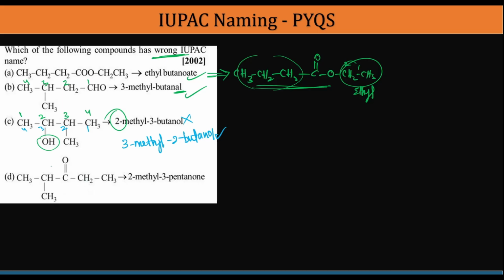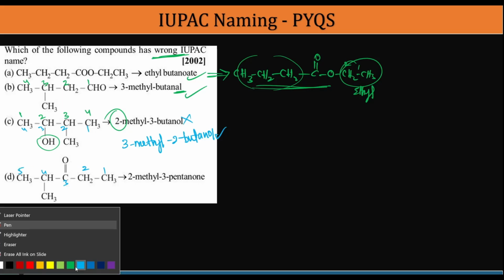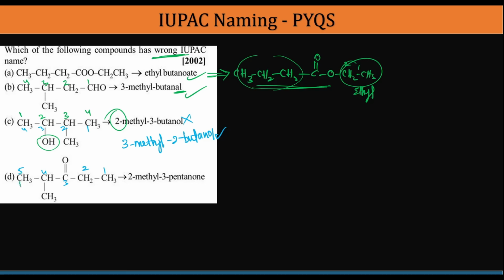And here we need to give priority again to this ketone group, 1, 2, 3, 4. Anyway, you will get this ketone group at 3 only if you number like this also. And if you number from here, 1, 2, 3, 4, 5, wherever you number from, the main ketone group is getting 3 only.